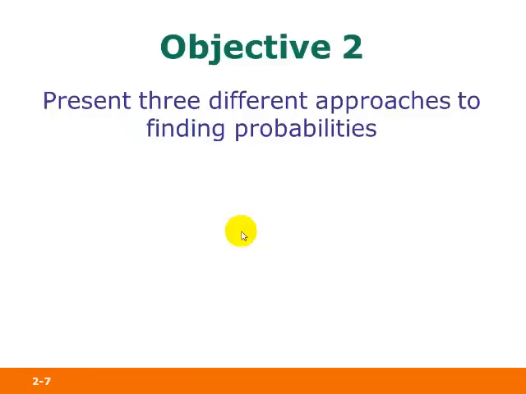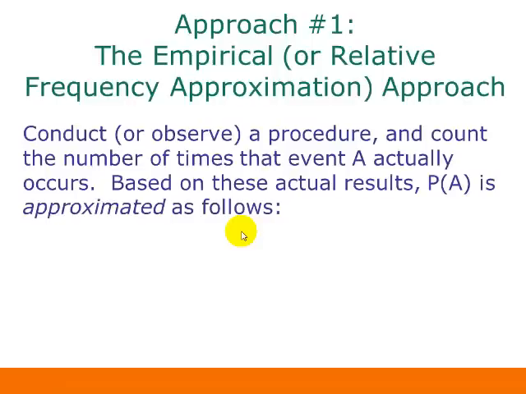Objective 2 is to present 3 different approaches to finding probabilities. So approach number 1 is the empirical approach, or we can call it relative frequency approximation. So in this approach, we conduct or observe a procedure and count the number of times that event A actually occurs.